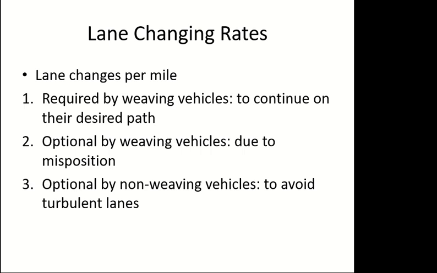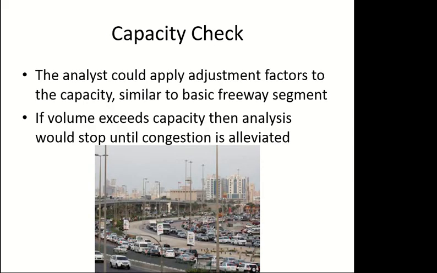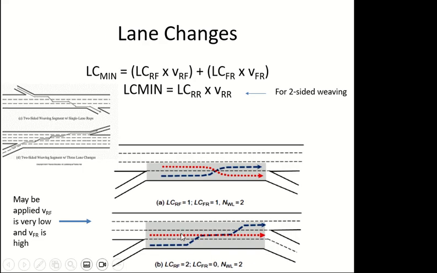So we have one which is required for the weaving vehicles, which are going from ramp to freeway or freeway to ramp. Then we have, for the same vehicles, optional lane changes. So somebody was going to the ramp, but he was in this lane for some reason. So now this guy has to make three more lane changes. If he was in the right lane, he would have only made one lane change.